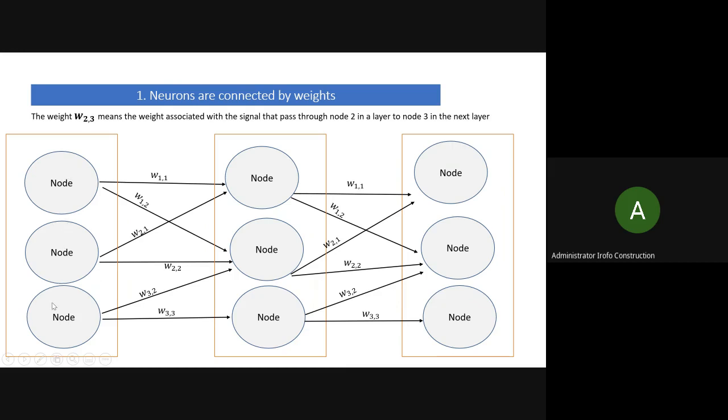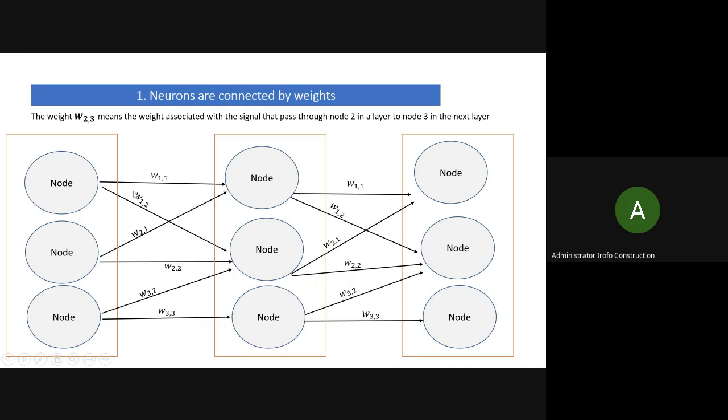You take a value here and multiply by its link weight, take another one here and multiply by its link weight, take another here and multiply by its link weight, and then add it all together. We call it a sum activation. But we don't just multiply these nodes by the link weight, we then add it together.